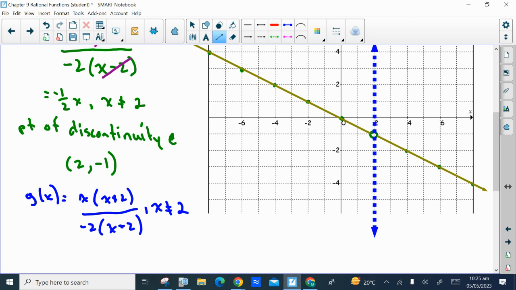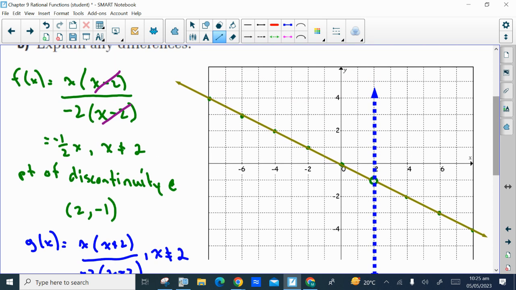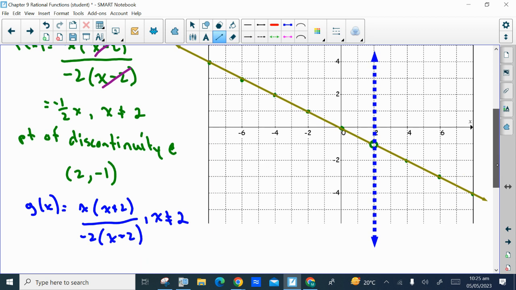We've said that when the degree of the top is greater than the bottom, sometimes you're going to get a point of discontinuity and therefore no asymptotes. In this case, though, you don't have a point of discontinuity. You have a vertical asymptote. Question is, do we also have a horizontal asymptote?